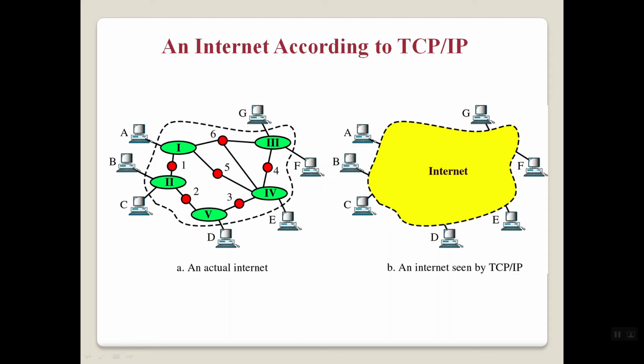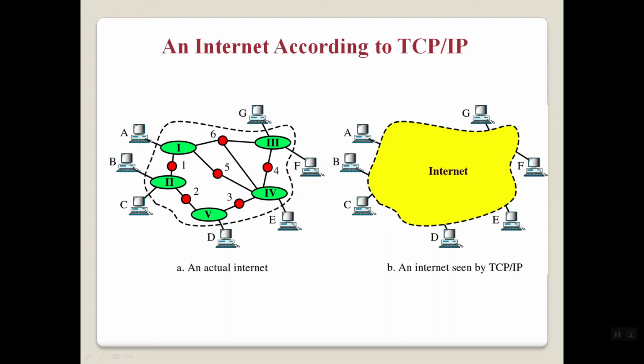Now in this slide you can see an internet according to the TCP/IP, the Transmission Control Protocol and the Internet Protocol. This is a specially designed communication model which is used throughout the global internet system. On the left side you can see the actual internet.